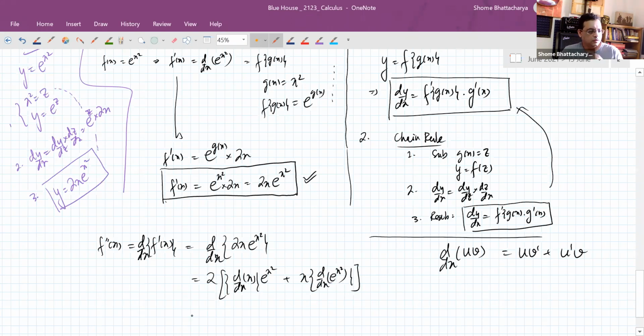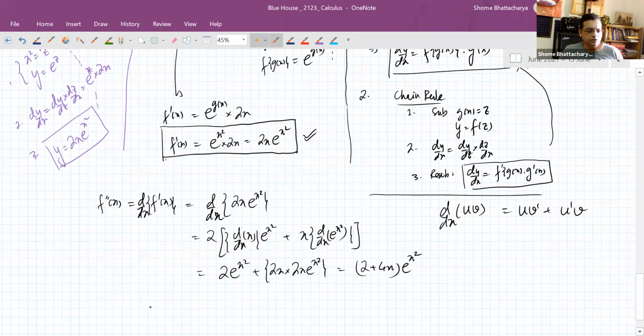So, okay. As you can see, this will become 2 e raised power x square, plus 2x into this differentiation. Now this differentiation we have already seen above. E raised power x square's differentiation is 2x e raised power x square. So what we should be getting now is 2 plus 4x square into e raised power x square. So this should become our second derivative.